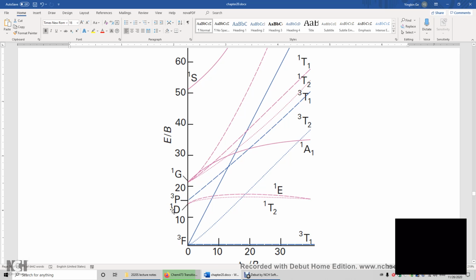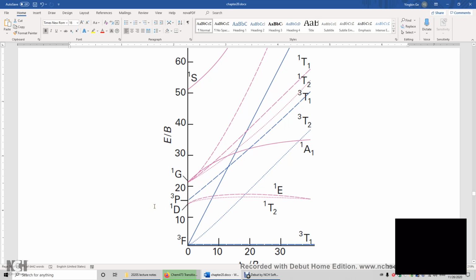So anyway, you're not going to see peaks in the UV-Vis spectrum that correspond to 3F to 1D, 3F to 1G, or 3F to 1S. You're going to see the transition from 3F to 3P in the UV-Vis spectrum of a free transition metal ion.